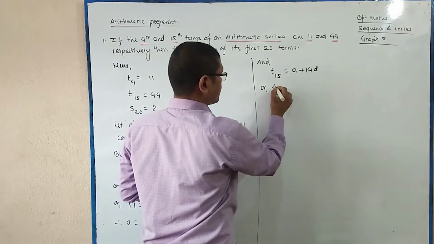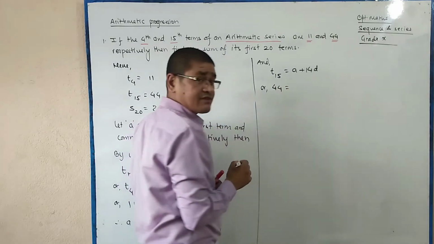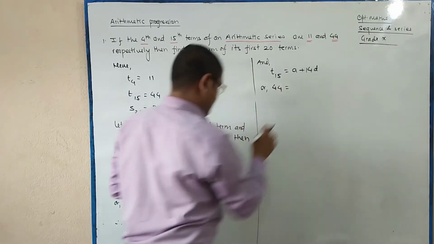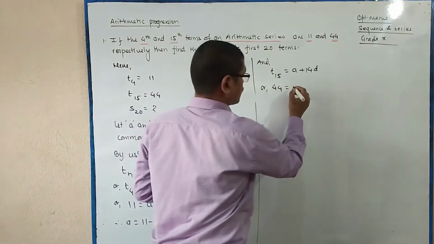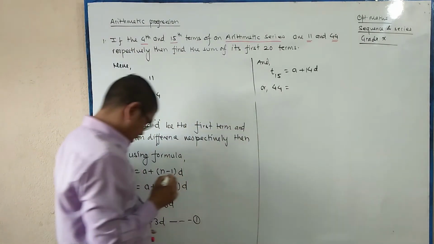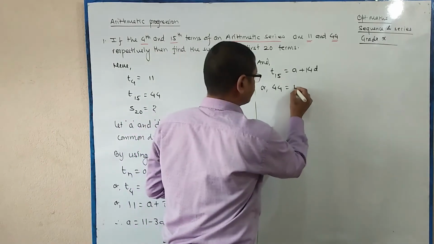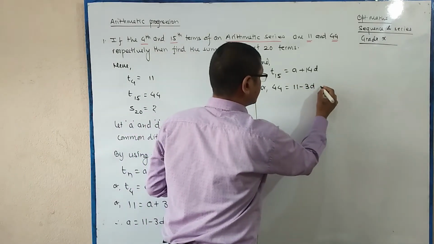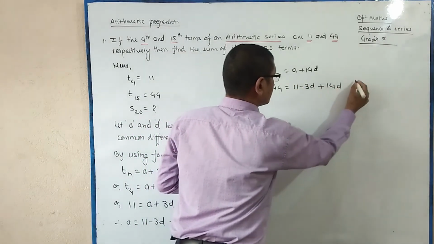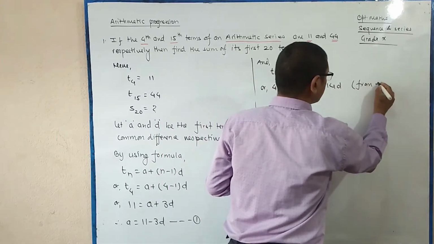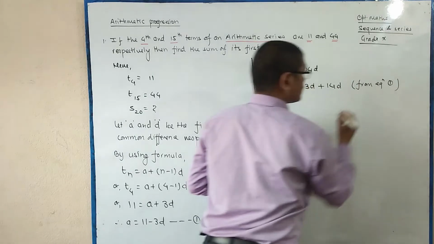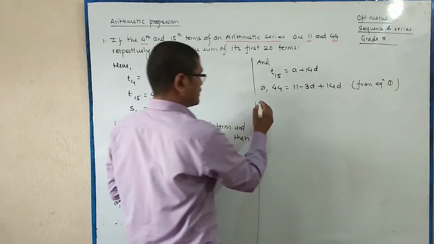T15 means 44, we have its value, and for a, from the first equation a is 11 minus 3d, we can substitute here: 44 equals 11 minus 3d plus 14d, from equation 1.